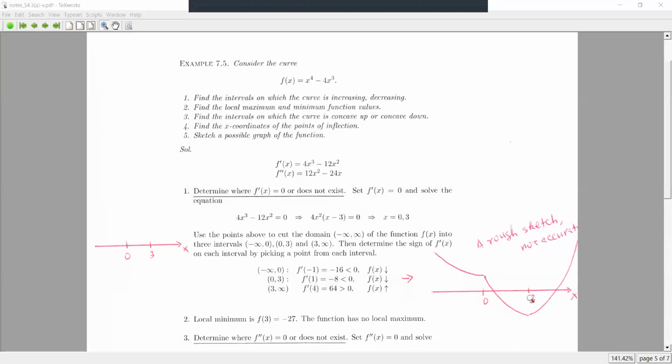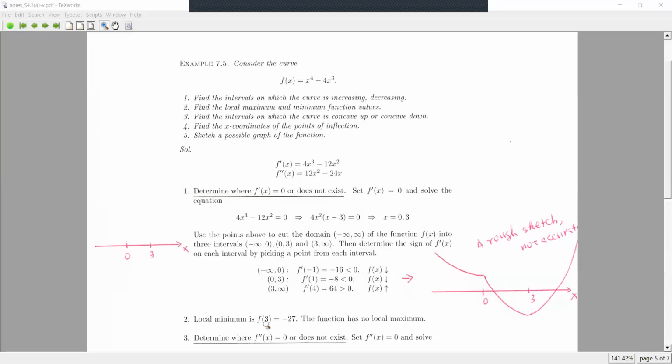At the point 3, I can see that the curve has a local minimum. So the answer to the second question is that the local minimum function value is negative 27, when x is 3. How to get the function value at 3?